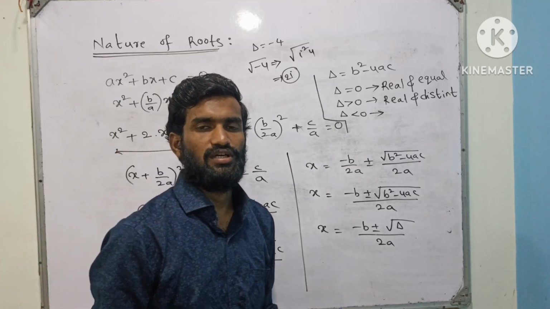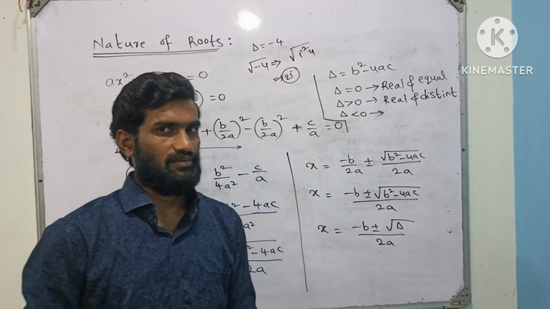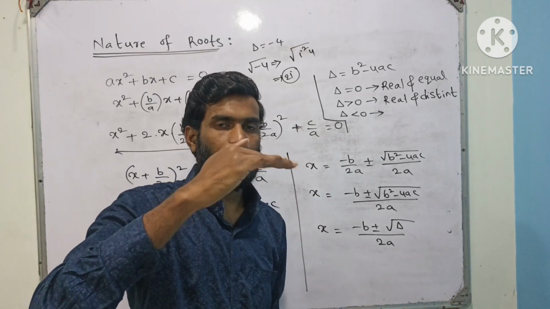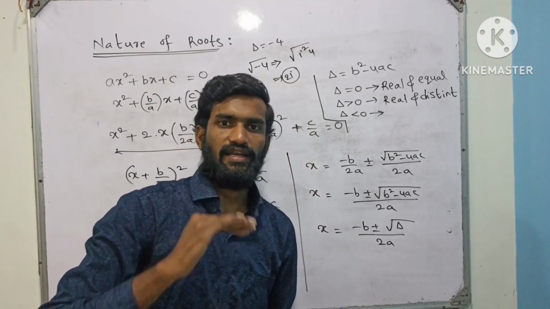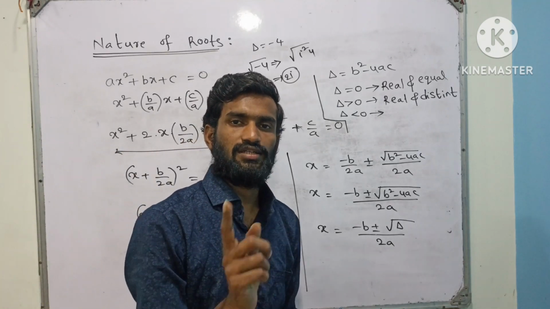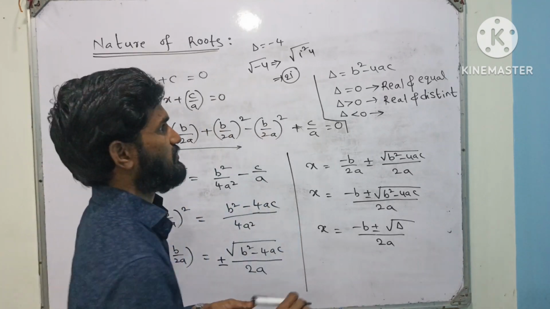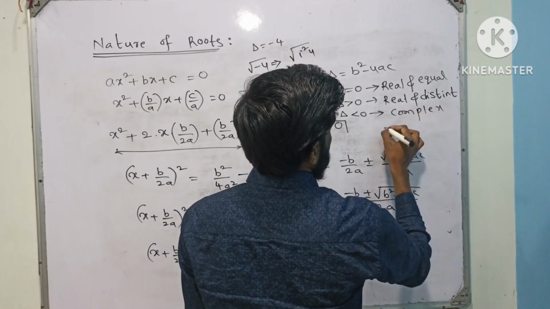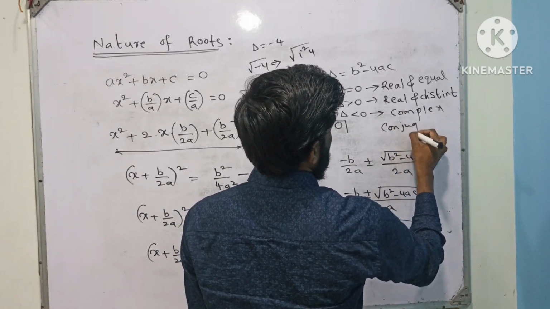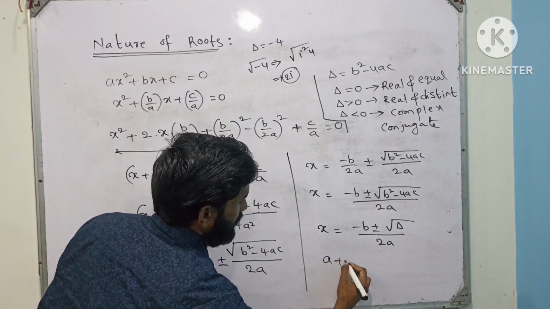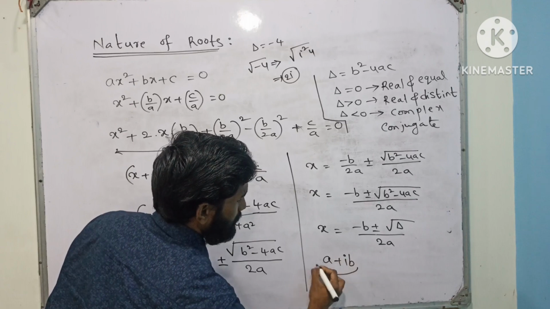We already know that it is a complex number, right? And conjugate also, because one has positive in the middle and one has negative in the middle. That means we will get complex conjugate roots. Complex means a number in the form of a plus ib.